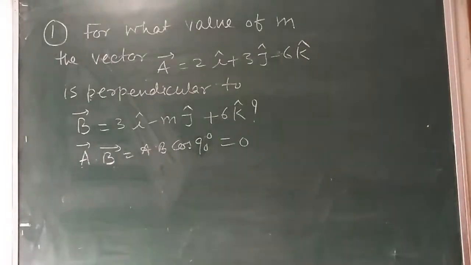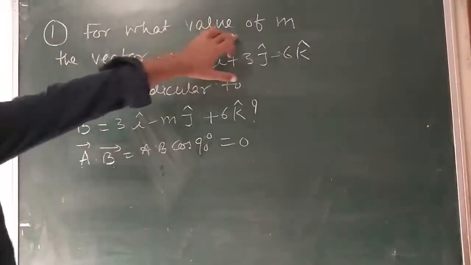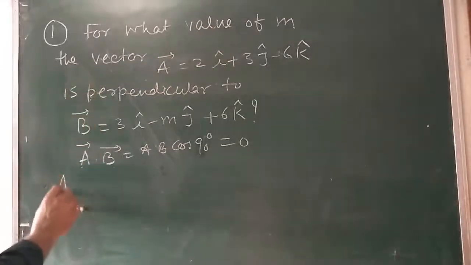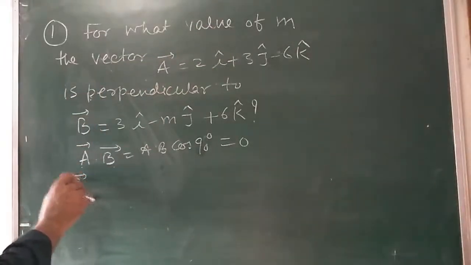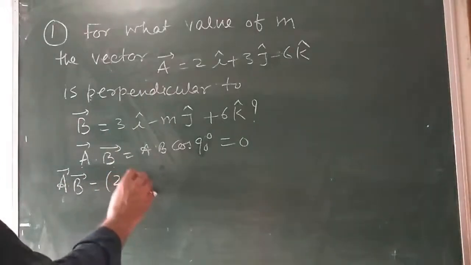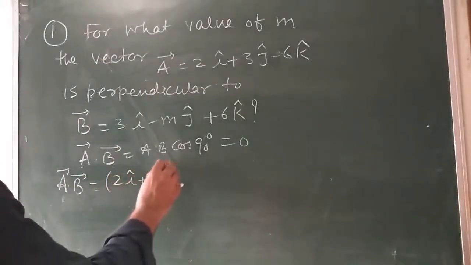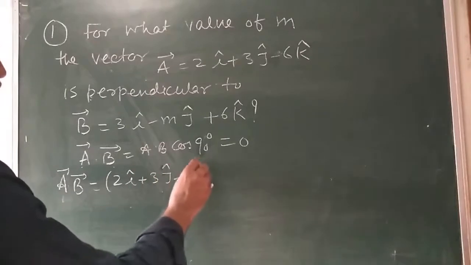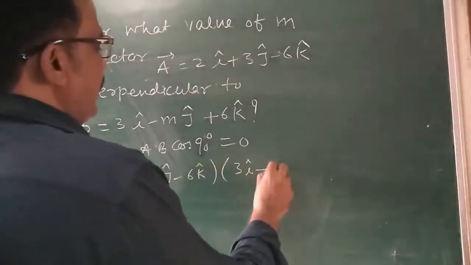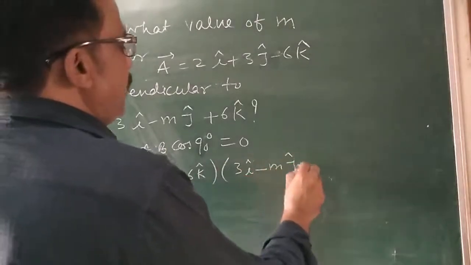If it happens, then we can say these two vectors are perpendicular to each other. To find out the dot product of two vectors, I have to write 2i plus 3j minus 6k and 3i minus mj plus 6k.